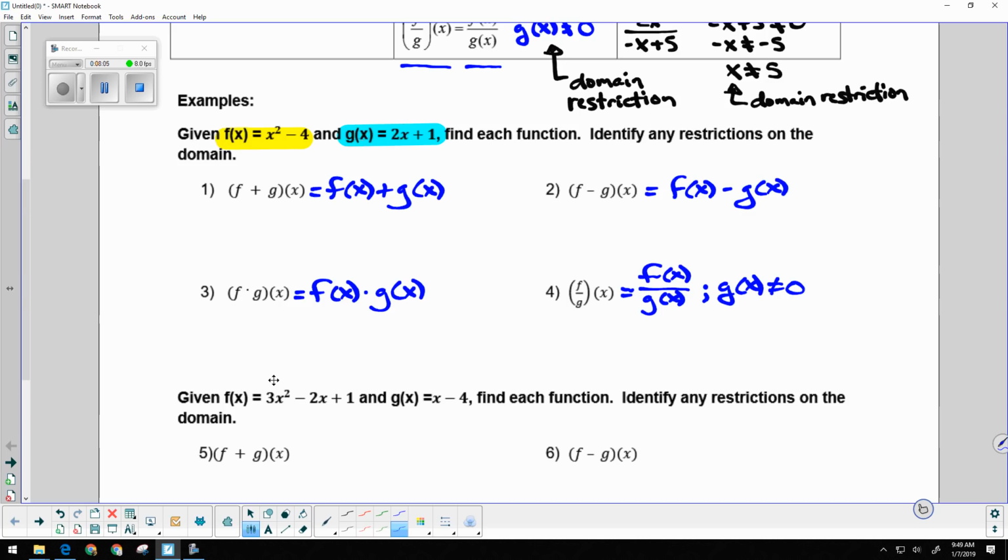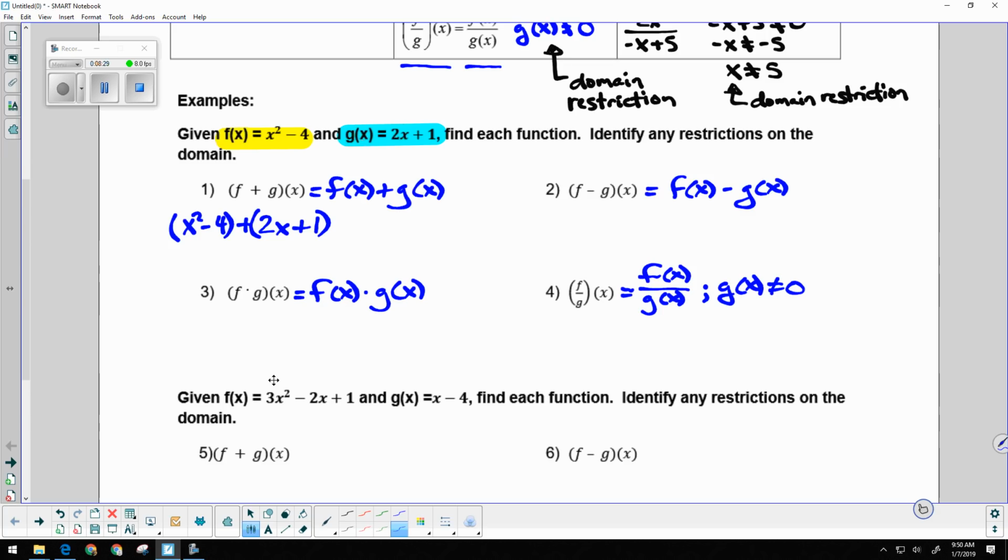Now let's go through and actually do each example. Okay, so number 1, right? F of x is x squared minus 4. And we're going to add to that g of x. G of x is 2x plus 1. Now, if I put parentheses around each function, that's fine. But understand in this case there's no subtraction, okay?